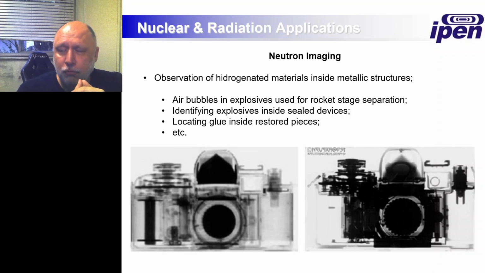And these explosives are inside a metal cladding and canister, right? And if there are air bubbles here, this explosive may delay its explosion when you send the electrical pulse that should tell it to explode, or it may even not explode.